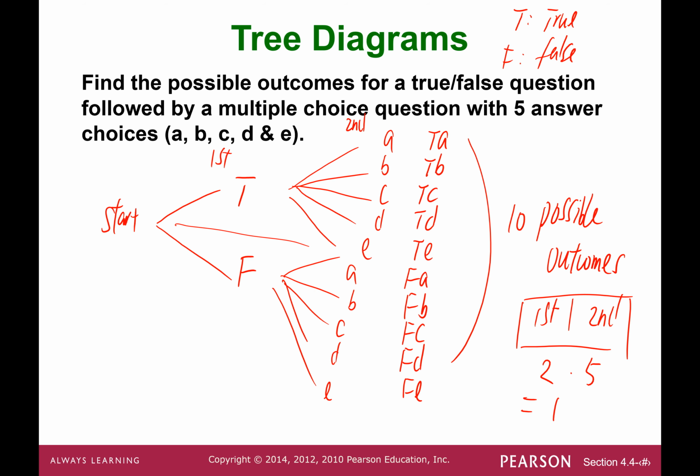Using the multiplication rule, we get 10 possible outcomes. And if you want to get both questions answered correctly, you have one possible correct combination, so it's 1/10.